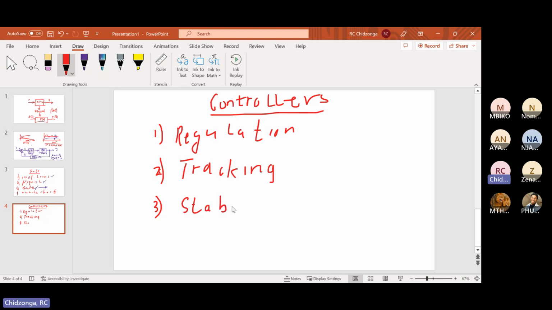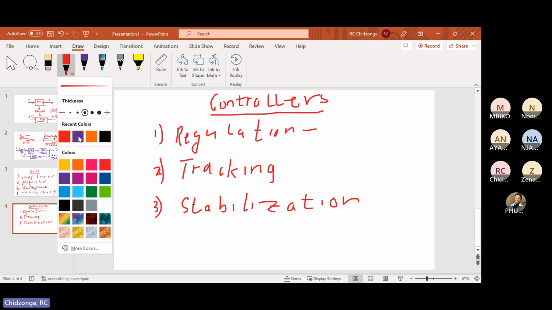There you know what we are talking about. You've got an unstable system and you want to stabilize it. Stabilization. So, in short, most industrial problems fall into the domain of regulation.